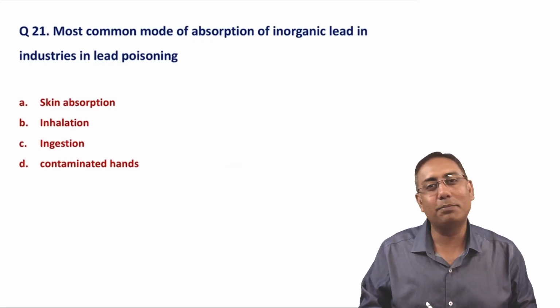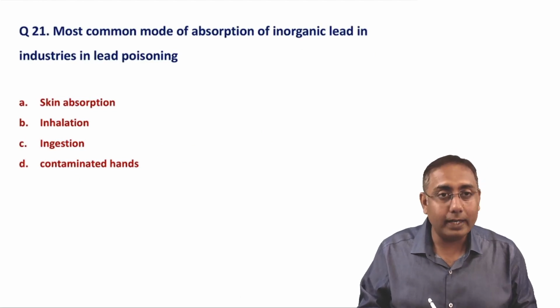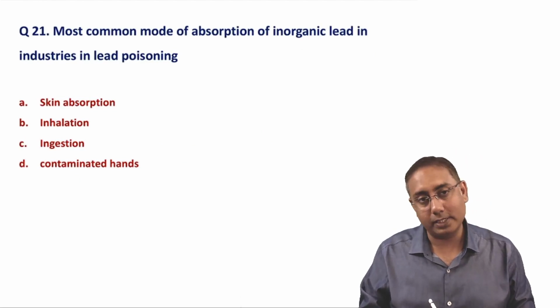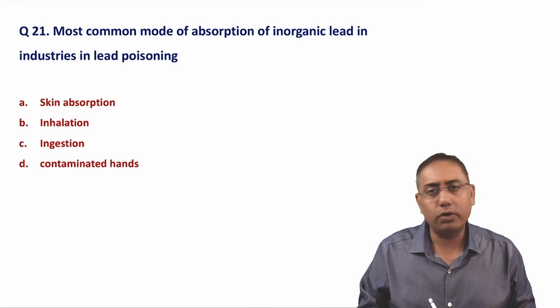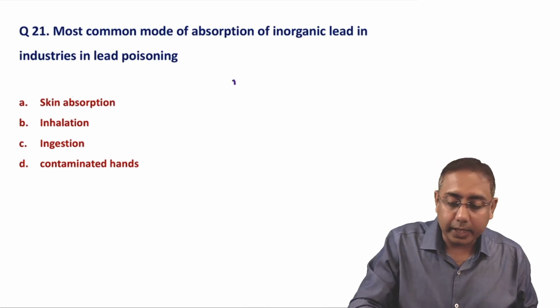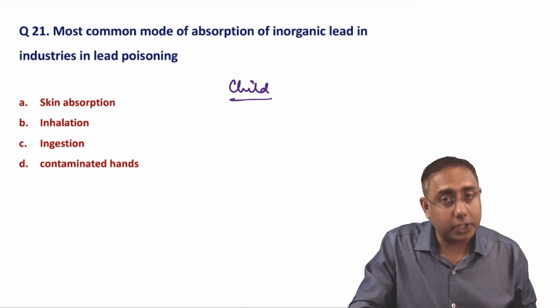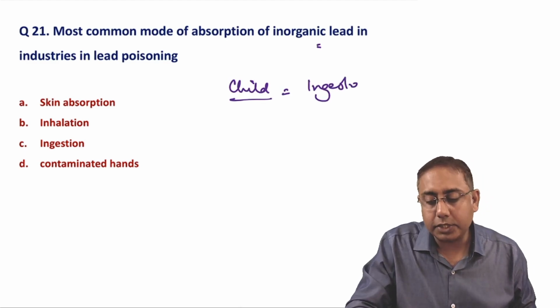Next MCQ, question number 21. Most common mode of absorption of inorganic lead in the industries in lead poisoning: skin absorption, inhalation, ingestion, or contaminated hands. If this was a question for a child, for inorganic lead it would have been mostly ingestion.